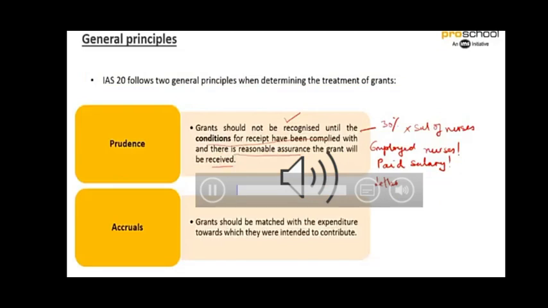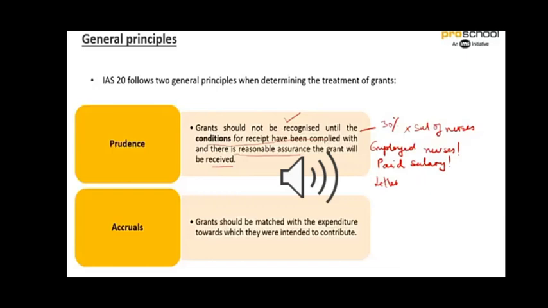Next, general principles. Two general principles have been followed by IAS 20 in the recognition of grants. The first principle is prudence. Grants should not be recognized until conditions for the receipt have been complied with. That means the company or the institution should have fulfilled all the conditions for the grant. Let us say the grant is for the payment of salary of the nurses in a hospital.